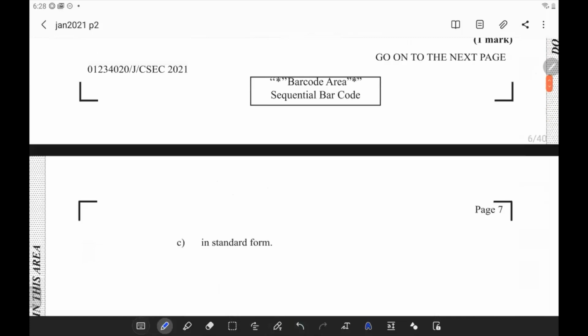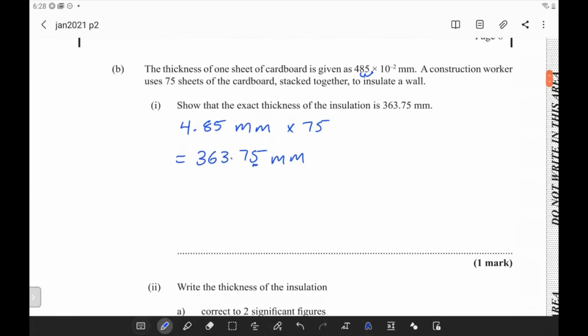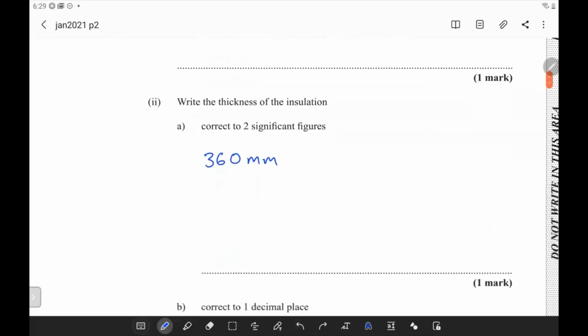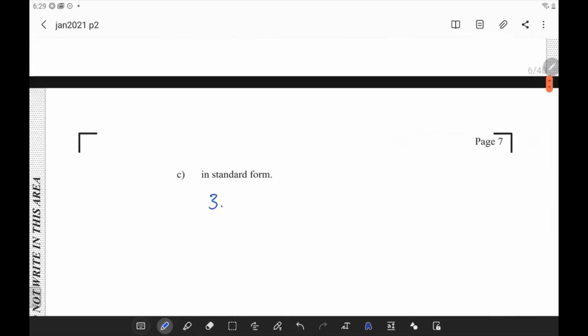And they want us to write it in standard form. So to put something in standard form, we have to move the decimal place until there's only one significant figure in front of it. So that's this way. Right, so we have to move it across twice. So this is 3.6375 by 10 to the minus 2 millimeters.